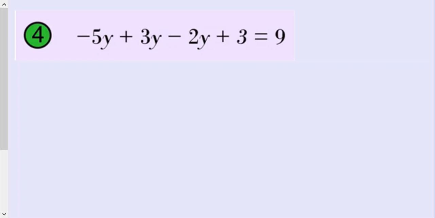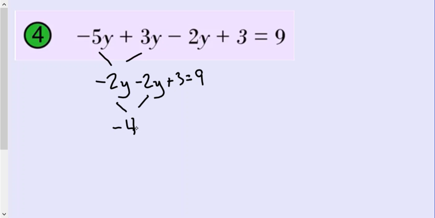So first we can say negative 5 plus 3 will be negative 2y minus 2y plus 3 equals 9. Now negative 2y minus 2y, that will be negative 4y plus 3 equals 9. Okay, now we've combined our like terms.